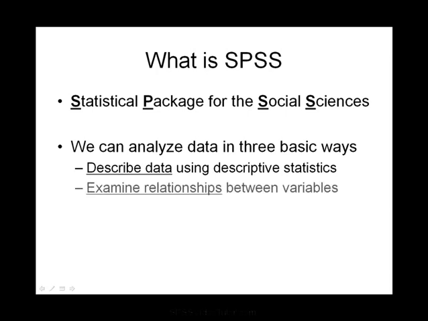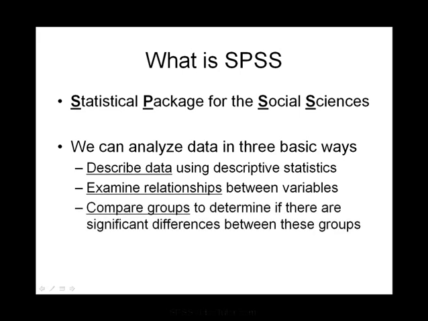It also allows you to examine the relationship between variables in your data. Examples of statistical techniques to explore relationships include correlation analysis, regression, and factor analysis. Finally, SPSS enables you to compare groups using t-test, analysis of variance, and non-parametric statistics.